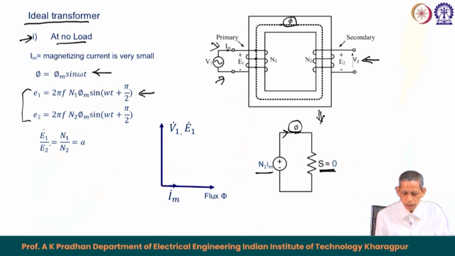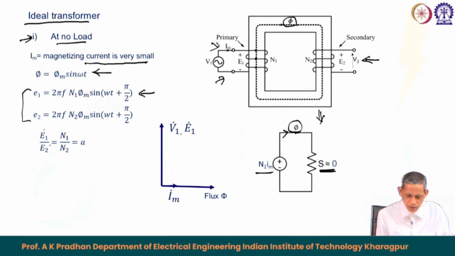So, therefore, n I m equals S into phi, the n I m becomes negligible, and that is the point where we say that the I m current required to establish flux in the core is very, very small, with the assumption that the permeability of the magnetic core is very, very high, and that results in H tending to 0.